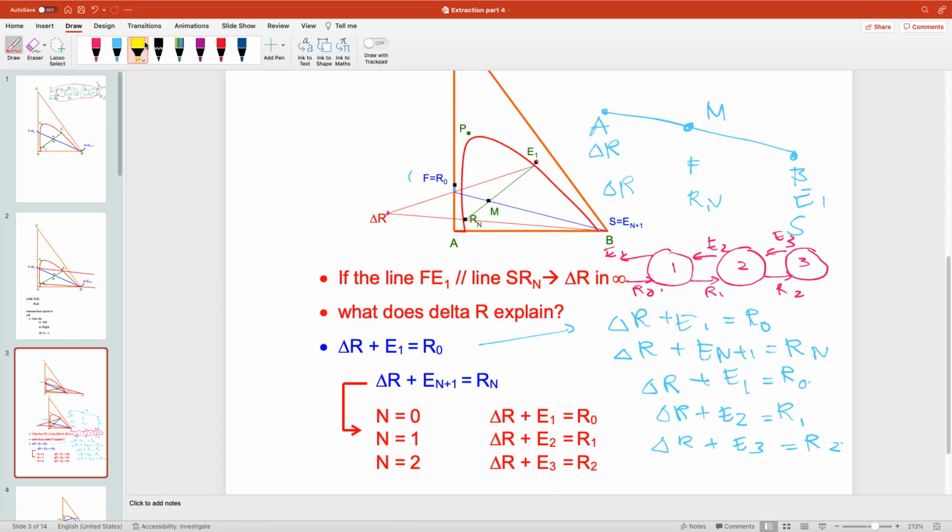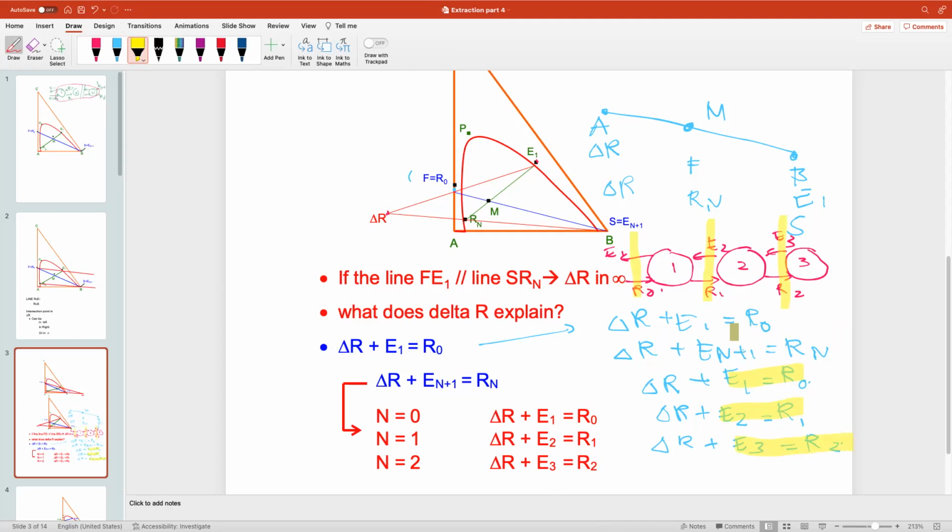If you look at the correlations here, the correlation between E2 and R2 is here, the correlation between E2 and R1 is here, and the correlation between E1 and R0 is here. So these correlations tell you something about the operating line.